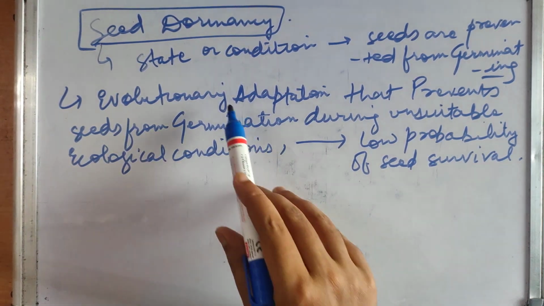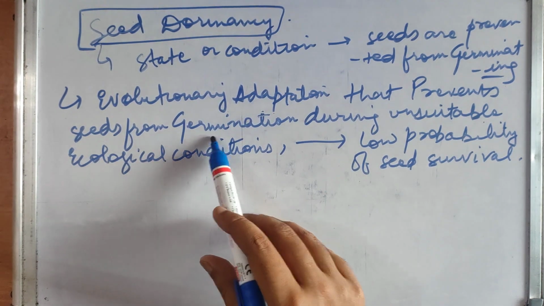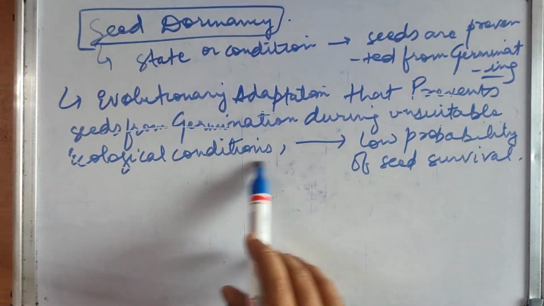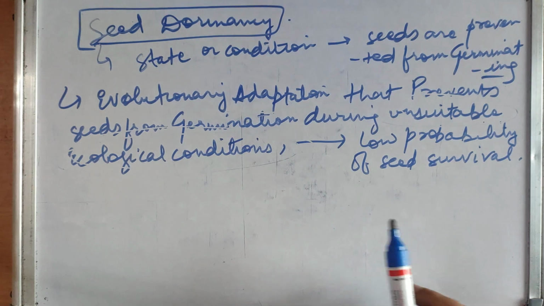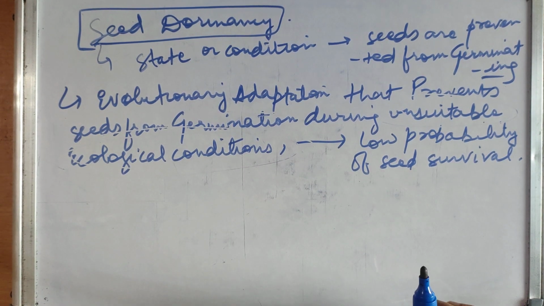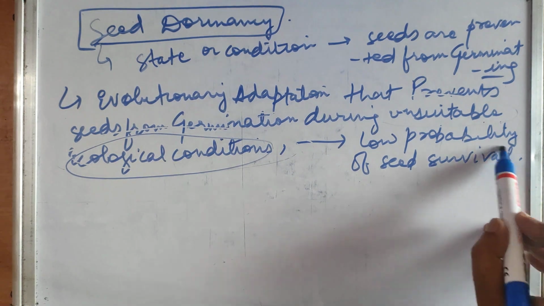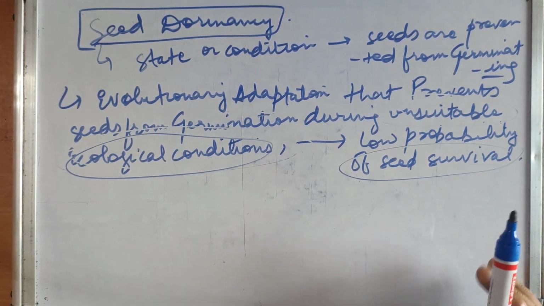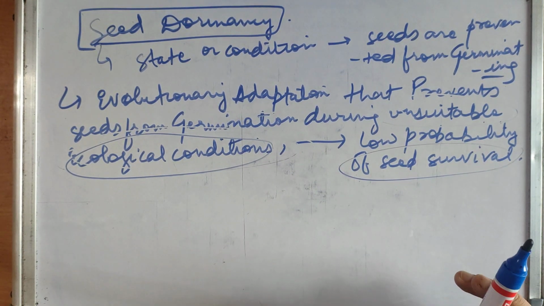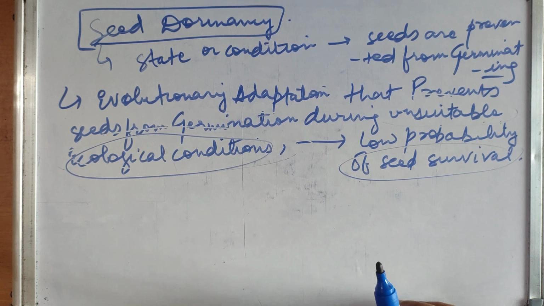So it is an evolutionary adaptation that prevents seeds from germination during unsuitable ecological conditions, unfavorable conditions in which, if they germinate, they will not survive. So they adapt themselves so that they only germinate in suitable conditions.